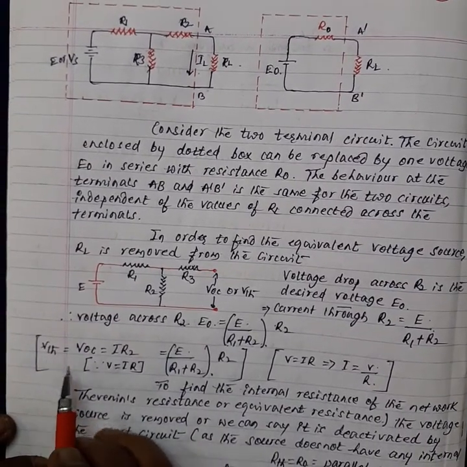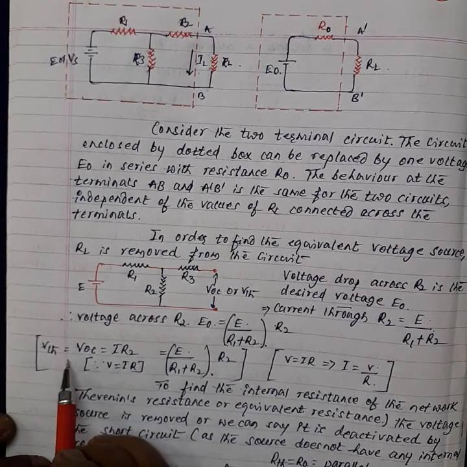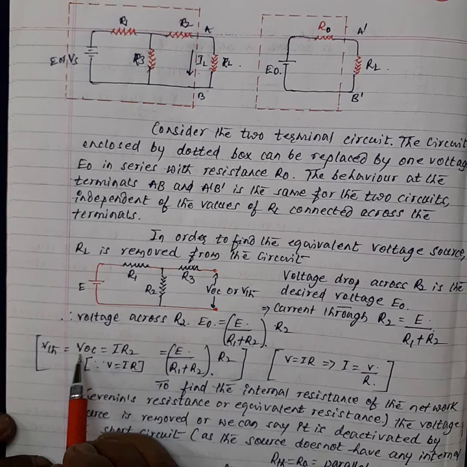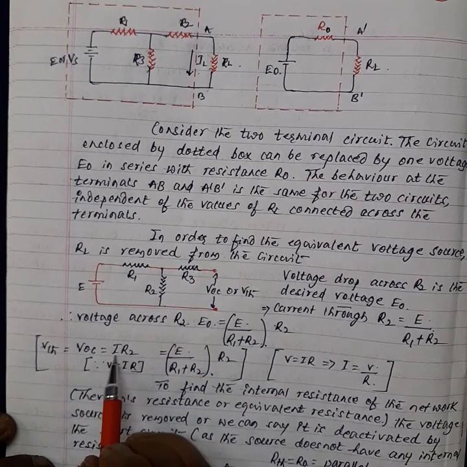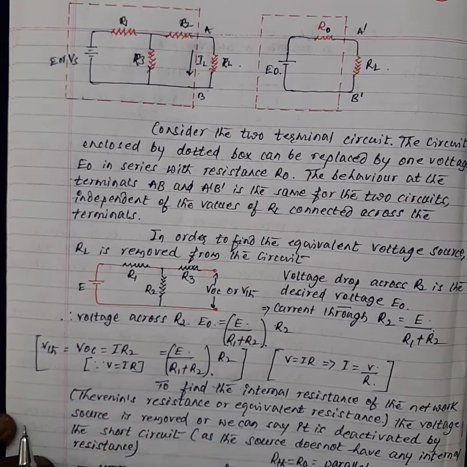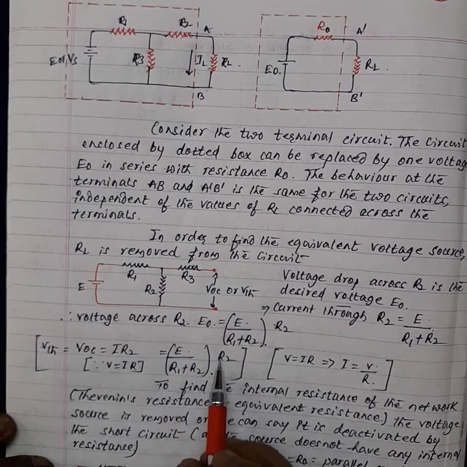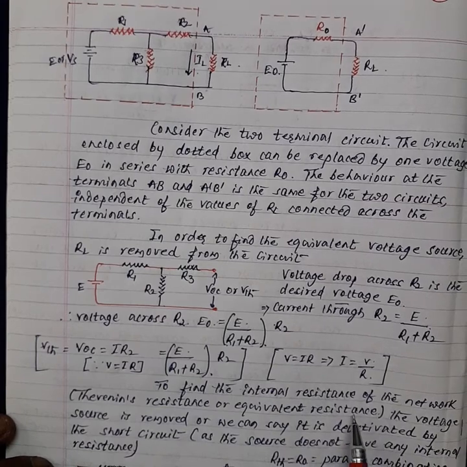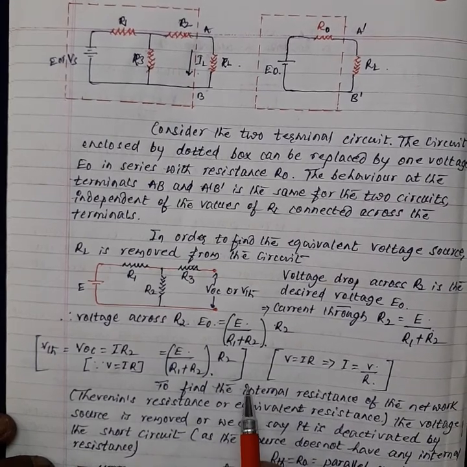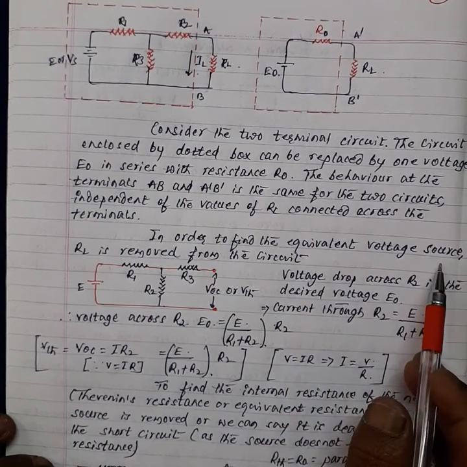So the VTH, that is the Thevenin's voltage, is nothing but V of open circuit. That open circuit voltage is I into R2, that is E divided by R1 plus R2 into R2. This is how we can calculate the equivalent voltage source.